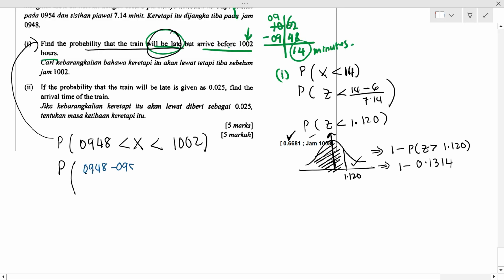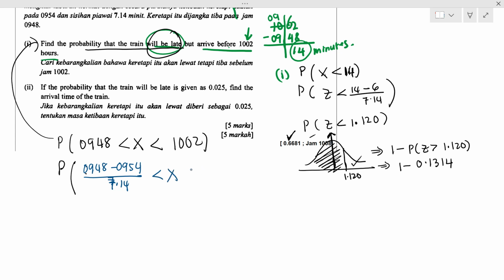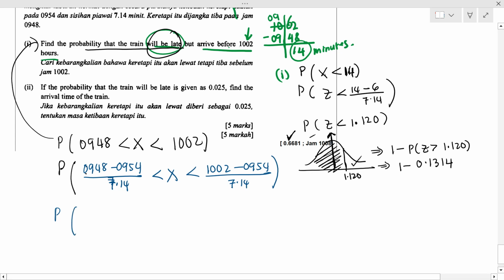0948 minus 0954, and the standard deviation is 7.14. 1002 minus 954 over 7.14. Okay, get the answer in minutes. This one is 6 minutes. Don't simply subtract. This is time. 48 minus 54 is minus 6 minutes. Change it to minutes. Careful.